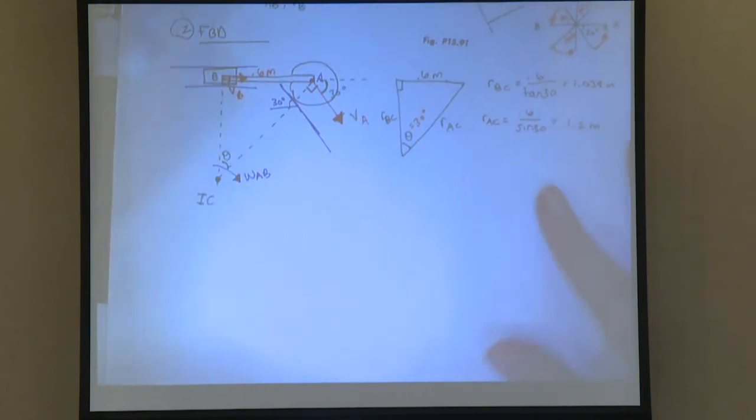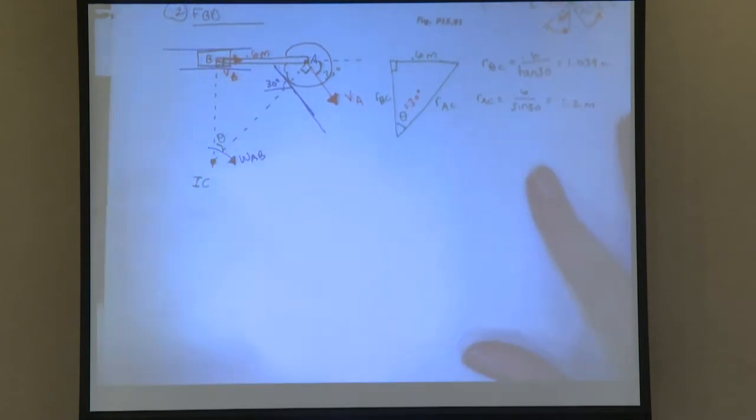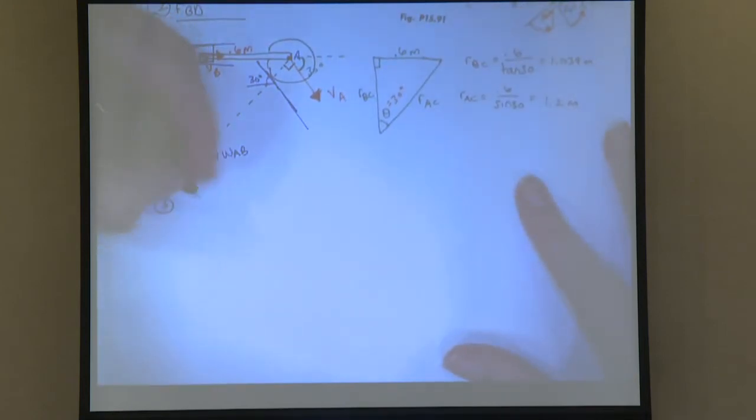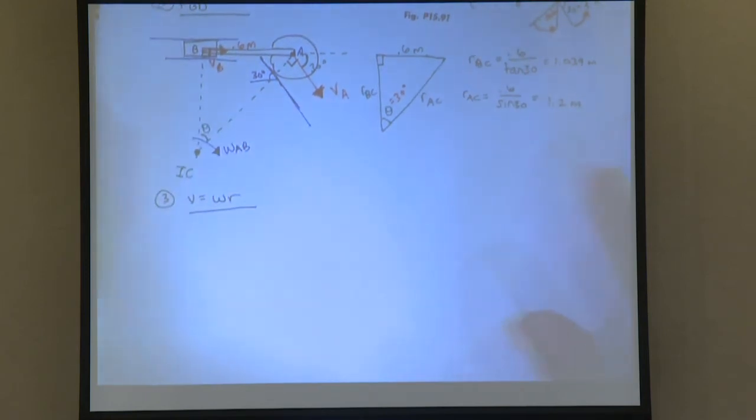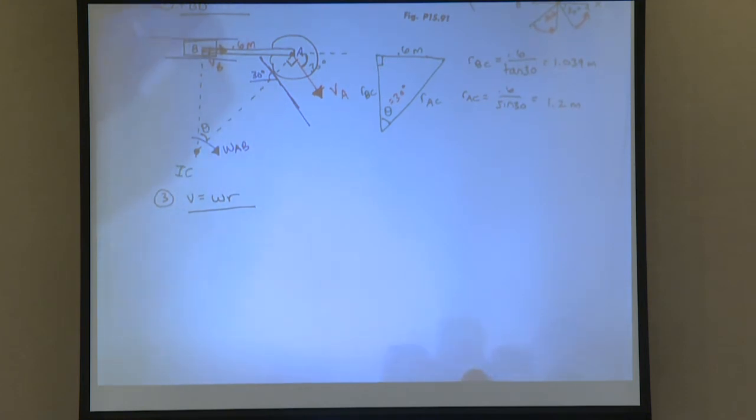So step 3 for this problem: if I have pure rotation, then my equation is V equals omega cross R. But since this one is 2D, we can just do omega times R. I know that VA is 1.2, right?